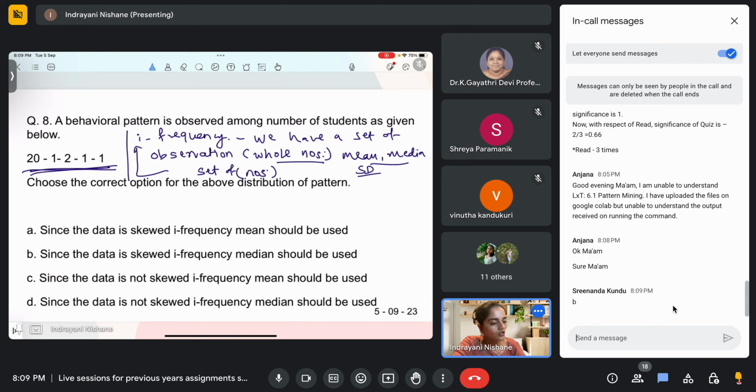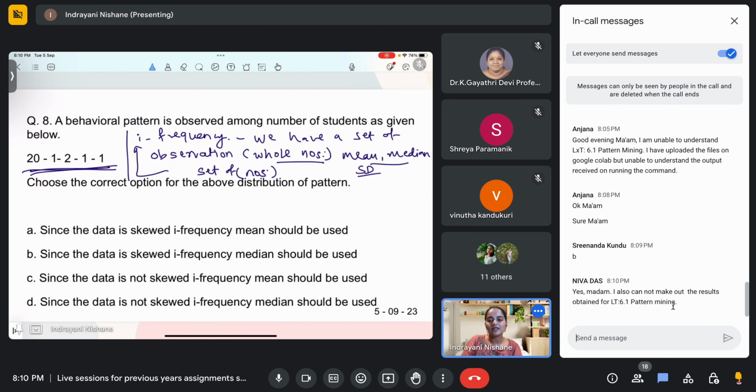Yeah. So I think sir would have included this in his presentation also. When he talks about high frequency, he points out that we can consider mean, median and SD, and he also discusses in which situations we have to use mean and in which situations we have to go for median.